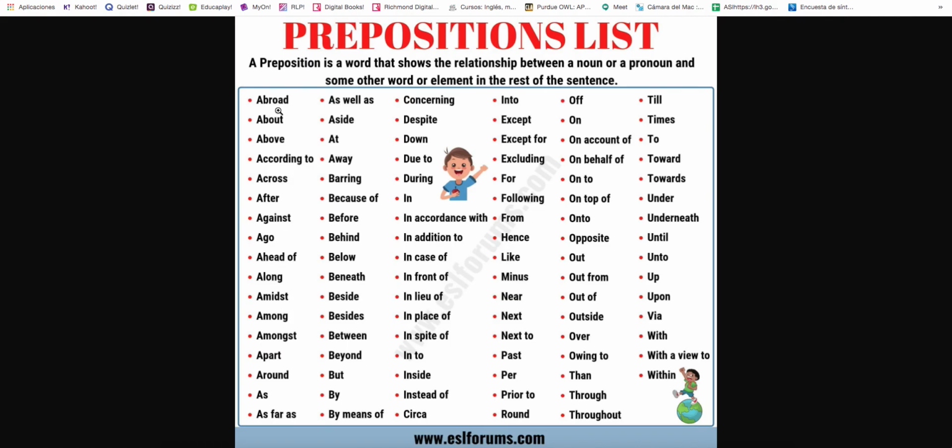In another country, en el extranjero, something like that. What is the meaning of among? This one. Entre. Yeah, it's a synonym of between. What is the meaning, for example, of beneath?